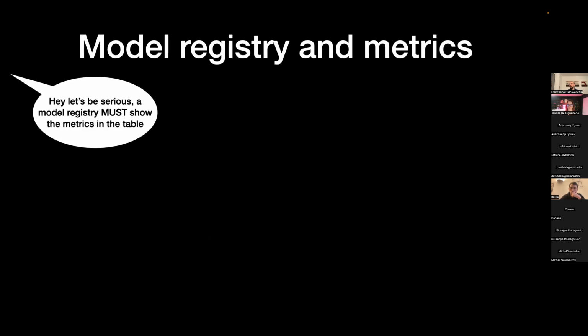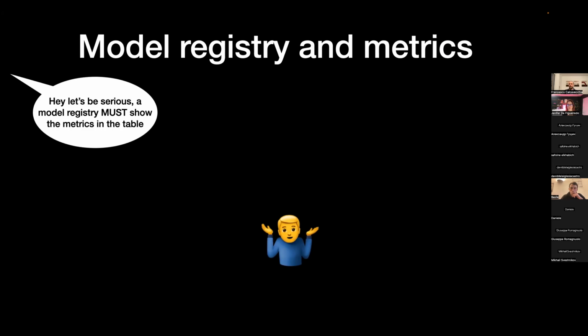Another consideration that I think may be relevant is that I can easily imagine someone coming and telling me, hey, come on, let's be serious. If we are talking about the model registry, you must show the metrics of the model in the table. My reaction is, yeah, it could well be, but I think it's perhaps not so important.